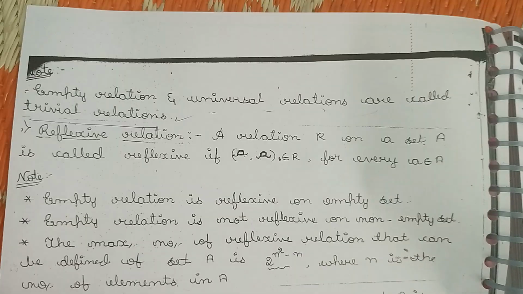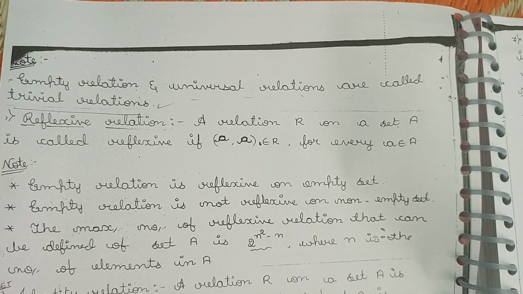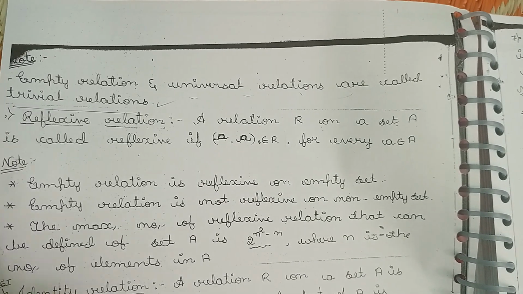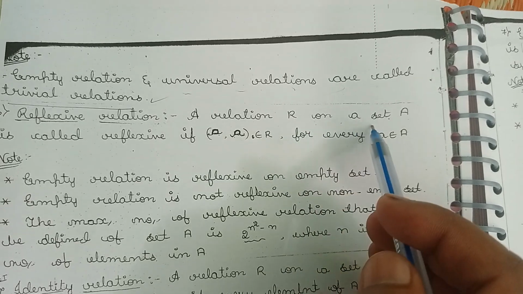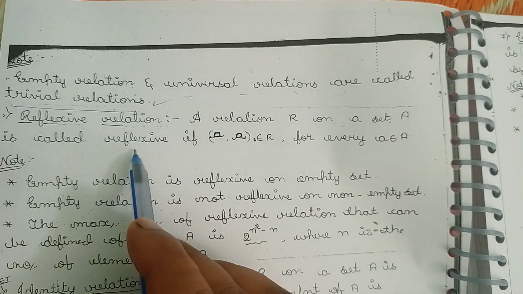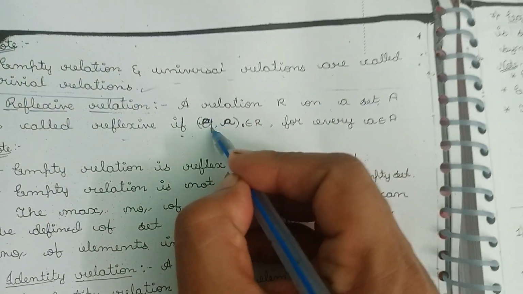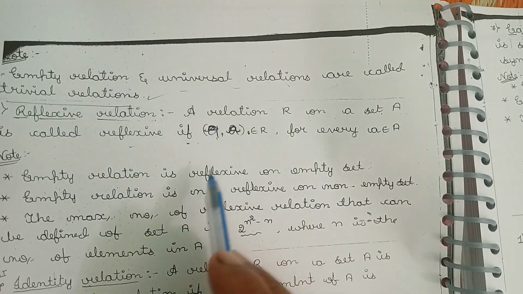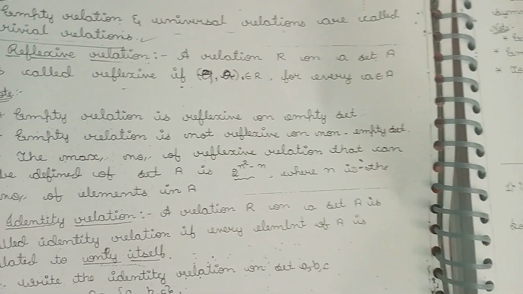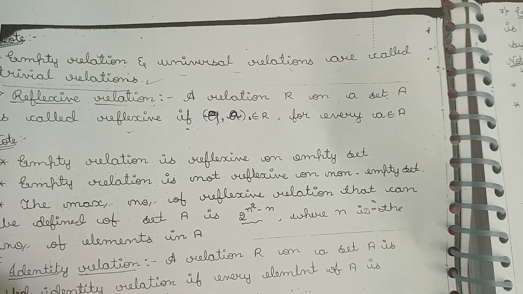Next, reflexive relations. What is meant by a reflexive relation? A relation on a set A is called reflexive if (a, a) belongs to R for every a belonging to A. A reflexive relation is like a mirror.